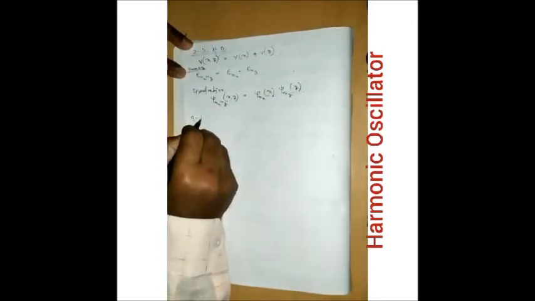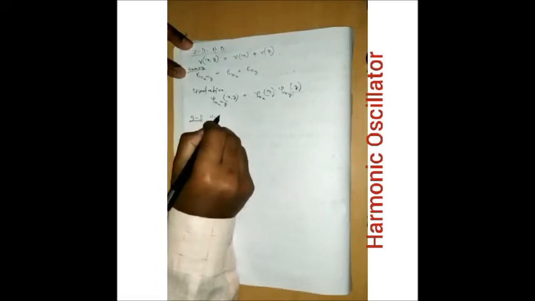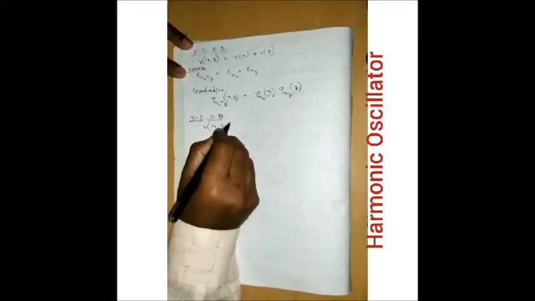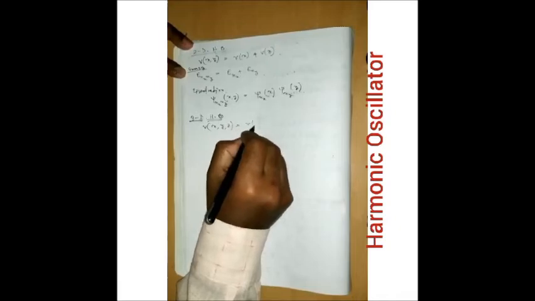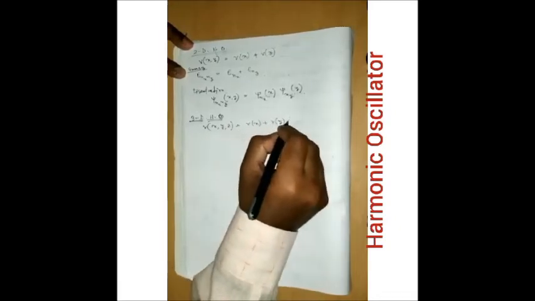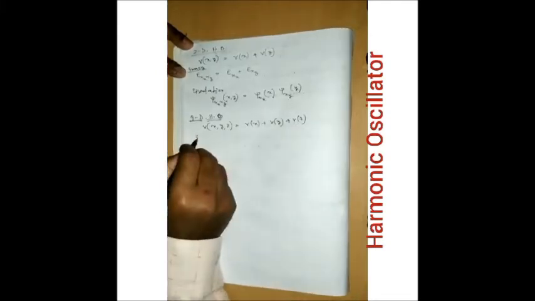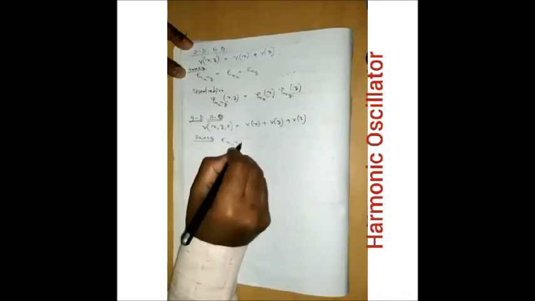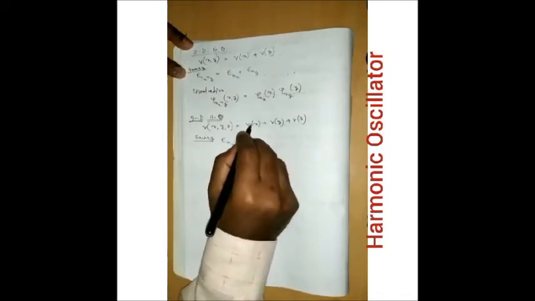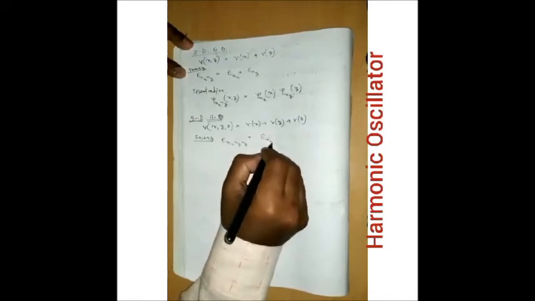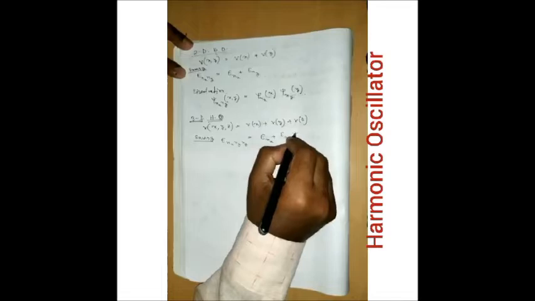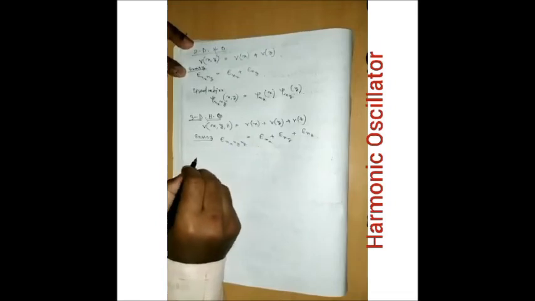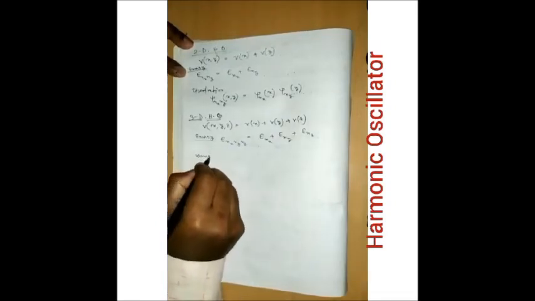Similarly, in 3D, what will happen? In a 3D harmonic oscillator, the potential will be given in x, y, z variables: Vx plus Vy plus Vz. The energy will be E nx ny nz, that is Enx plus Eny plus Enz, for Vx, Vy and Vz respectively. The wave function or eigenfunction is multiplicative.